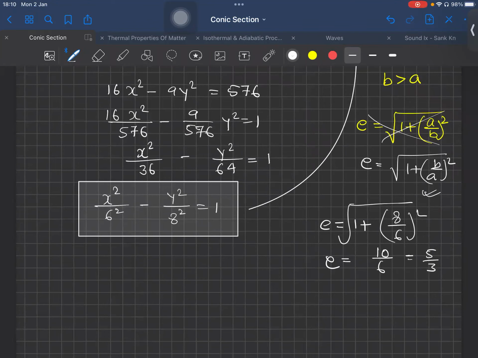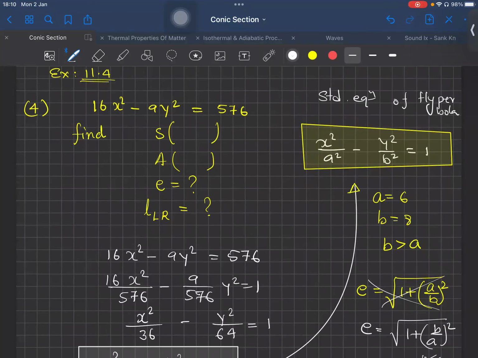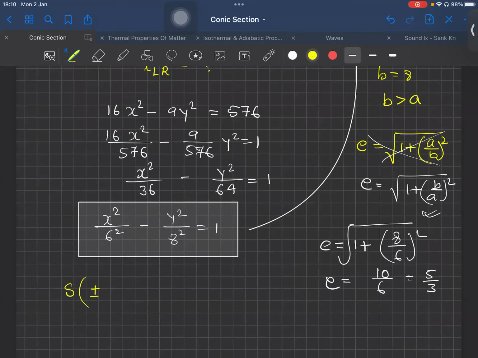Okay, so how do you find the length of latus rectum? First, what are the coordinates of the foci? Plus or minus ae, comma 0, is it? So the foci will be plus or minus a times e: a is 6, e is 5 by 3, comma 0.